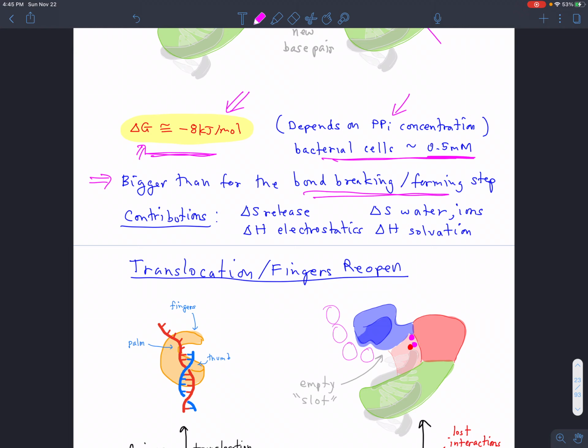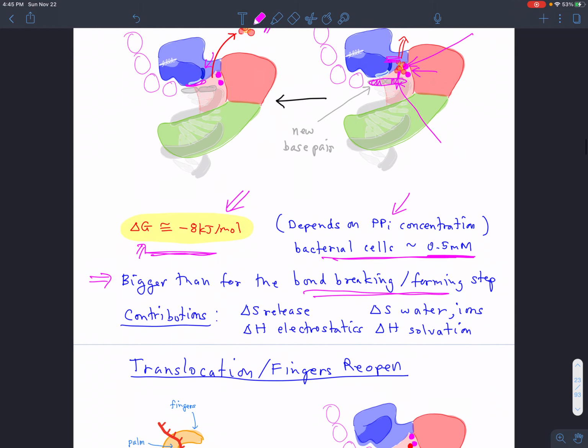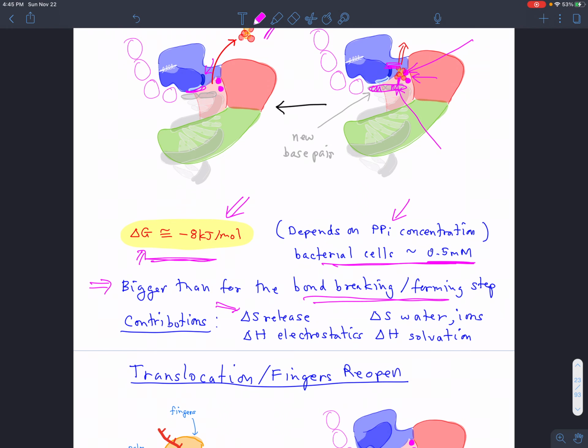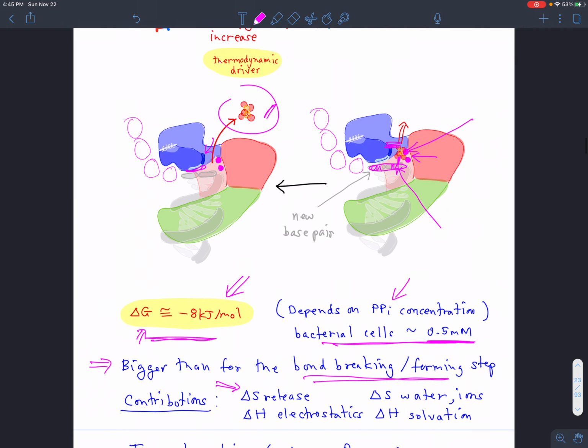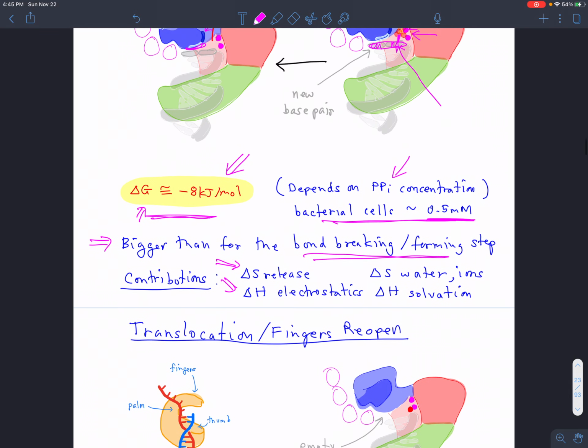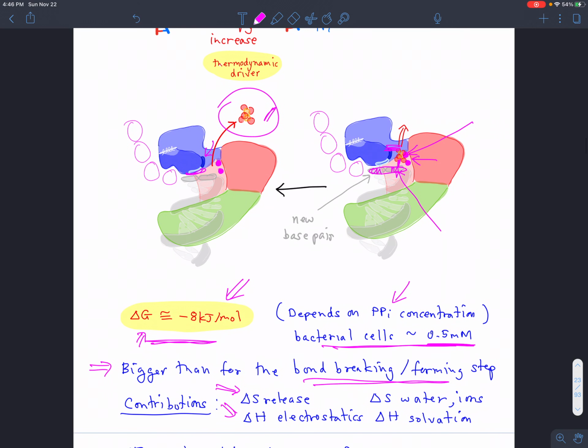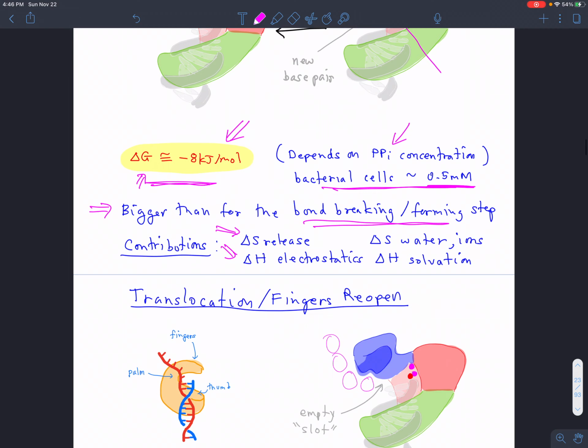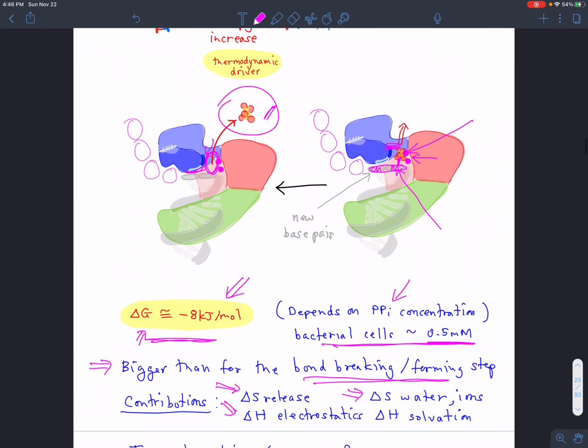And just very, very briefly, the things that contribute to it are, first of all, the entropy change for the release of a low concentration product, the unfavorable delta H for breaking all these electrostatic interactions in here, and the favorable, almost certainly, solvation of this guy by waters and any counterions that are in solution, right?